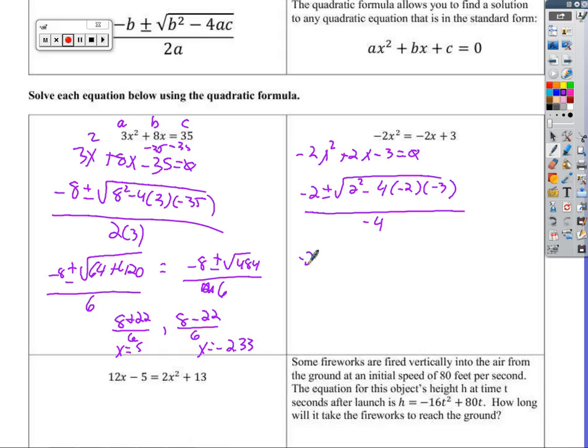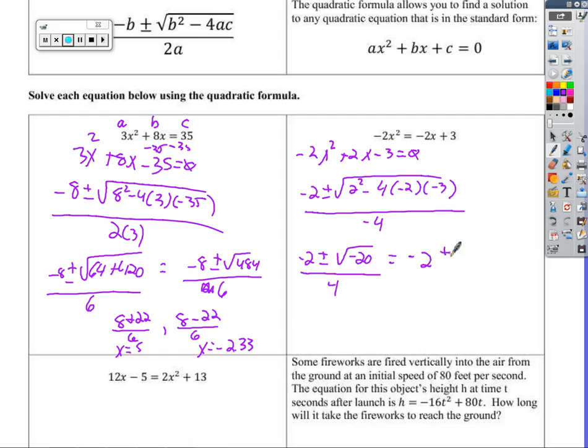So I've got negative 2 plus or minus 2 squared is going to give me 4. 4 times 2 is 8 times 3 gives me a negative 24. So this gives me a square root of negative 20 all over 4.